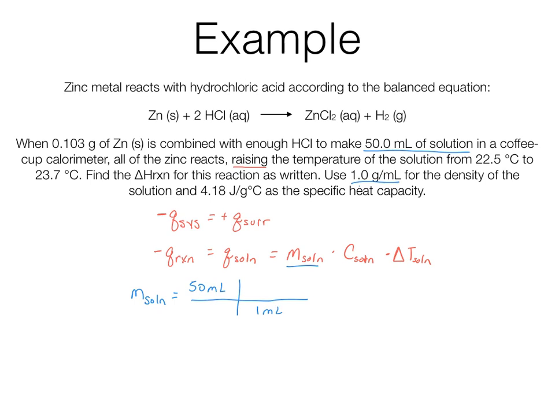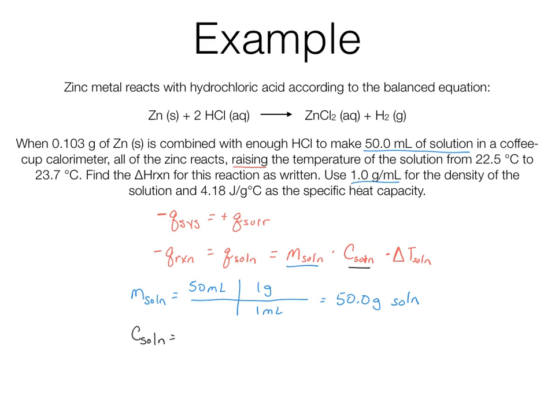So 1 milliliter is 1 gram. And so that's 50.0, I lost a sig fig, grams of solution. Okay. We also need to find the specific heat of the solution, which is actually given to us.